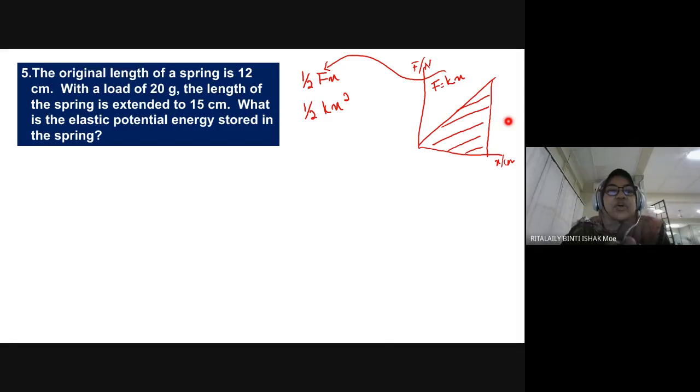Okay, so let's look at question number 5 here. So what is the elastic potential energy? What did you get? We know that we have two formulas to calculate. Which formula is easier for us to use?